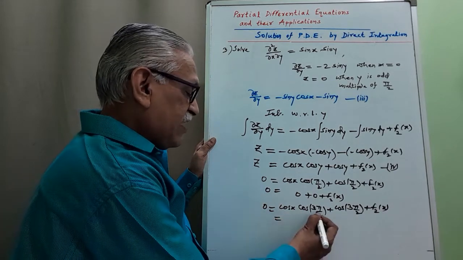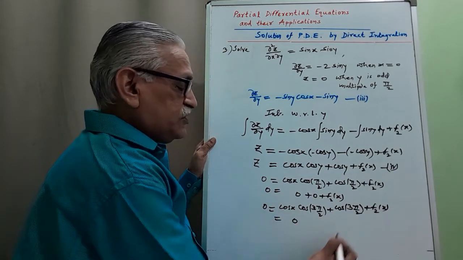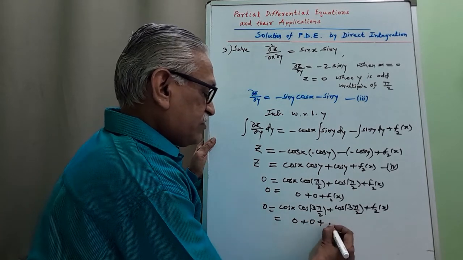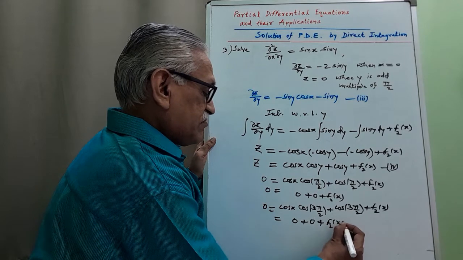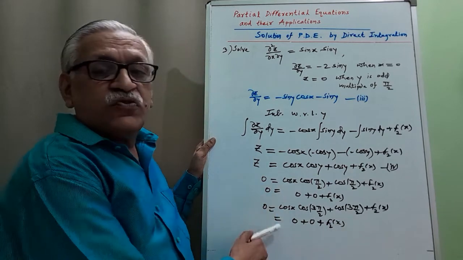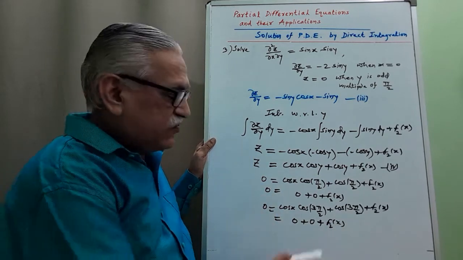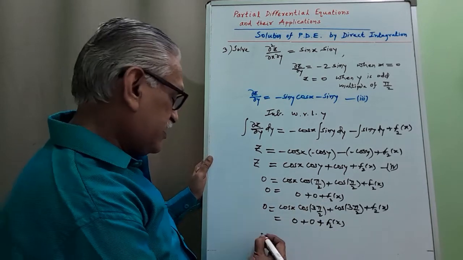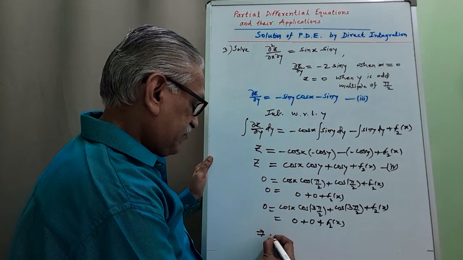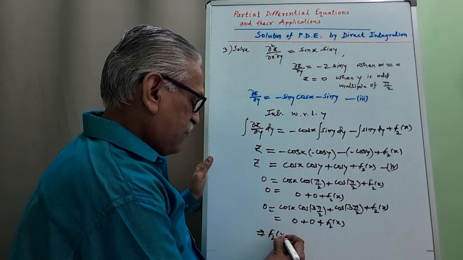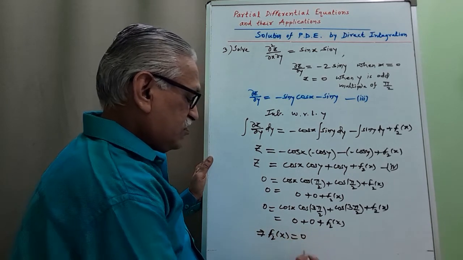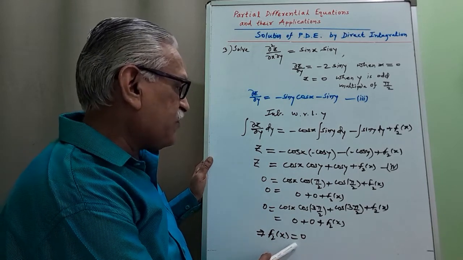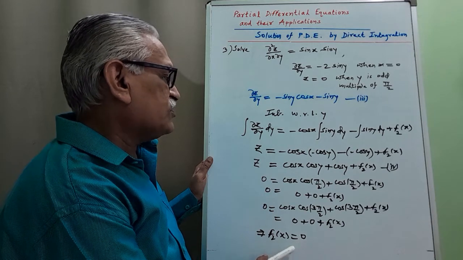Once again the value of cos 3 pi by 2 is 0, therefore the first term is 0, the second is also 0, plus f2 of x. Therefore we have two simultaneous equations in terms of f2 of x, and by solving them we get the value of f2 of x as 0.